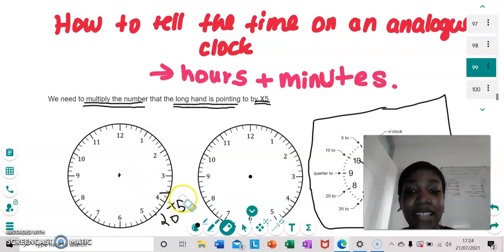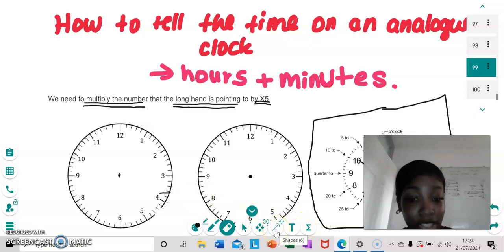So let's say someone asked us, what would 3:30 look like on a clock? So what we would need to do is the short hand would point to 3, because remember the hour comes first, and the long hand, where do you think would be pointing?